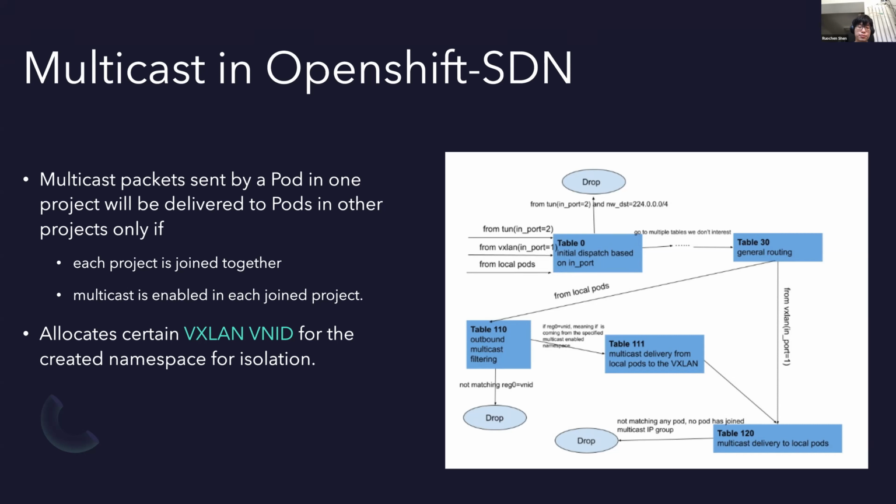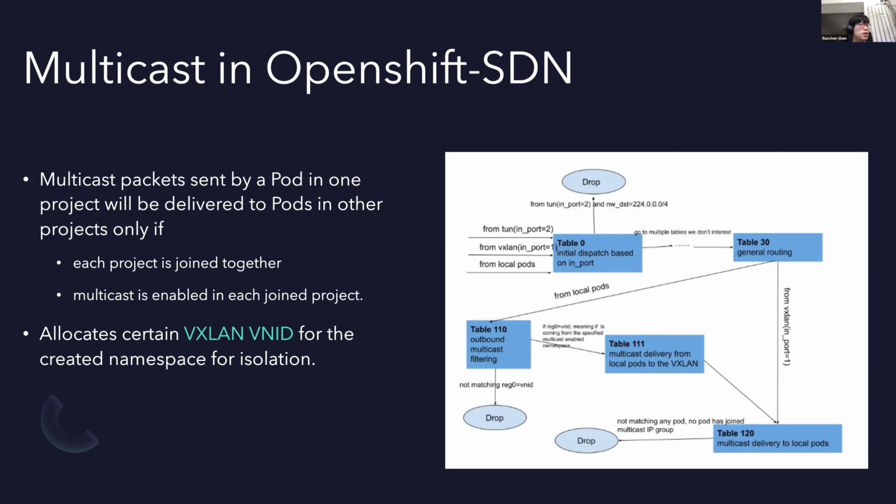Basically, OpenShift SDN implements multicast as below. It allocates a certain VNID for each created namespace for isolation. VNID here is a 24-bit value, part of a fixed-length header.